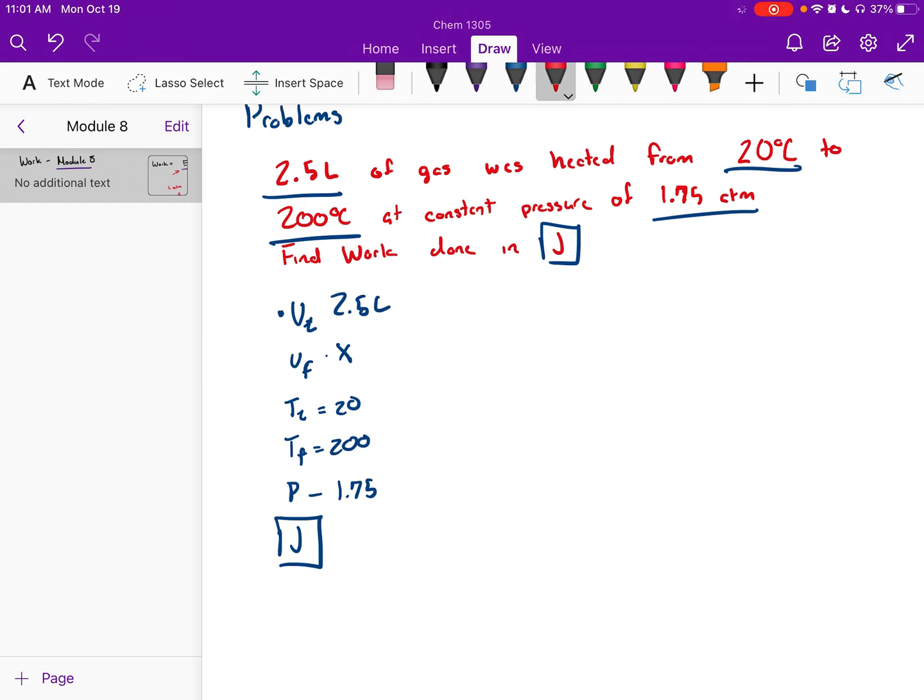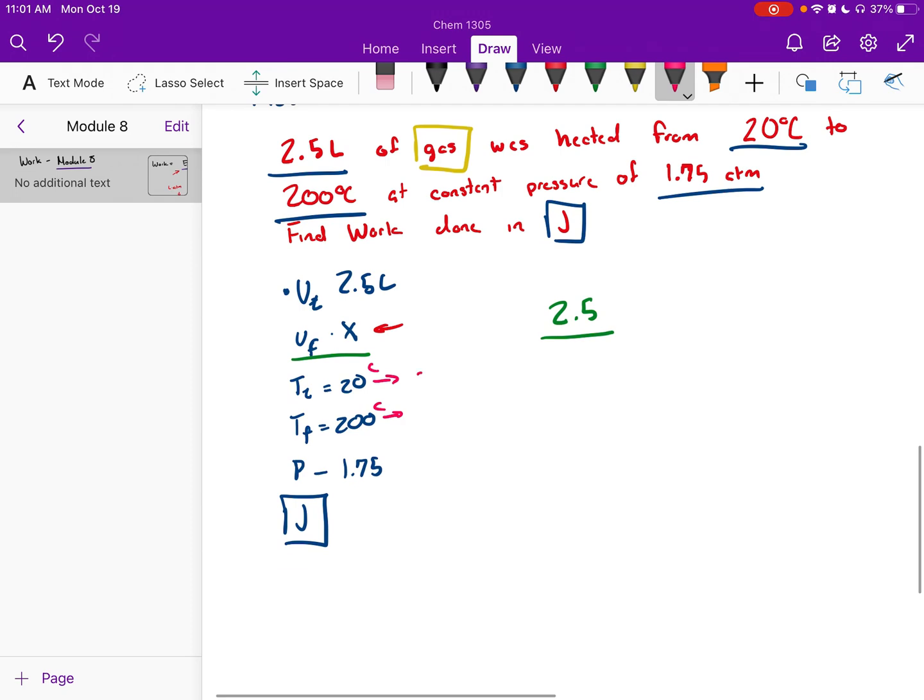Okay, so we don't know our volume final, but we do know this is a gas, so gas laws still apply. We can set up a proportion to find our volume final, and that's 2.5 over temperature. But remember that we cannot use Celsius within gas laws.